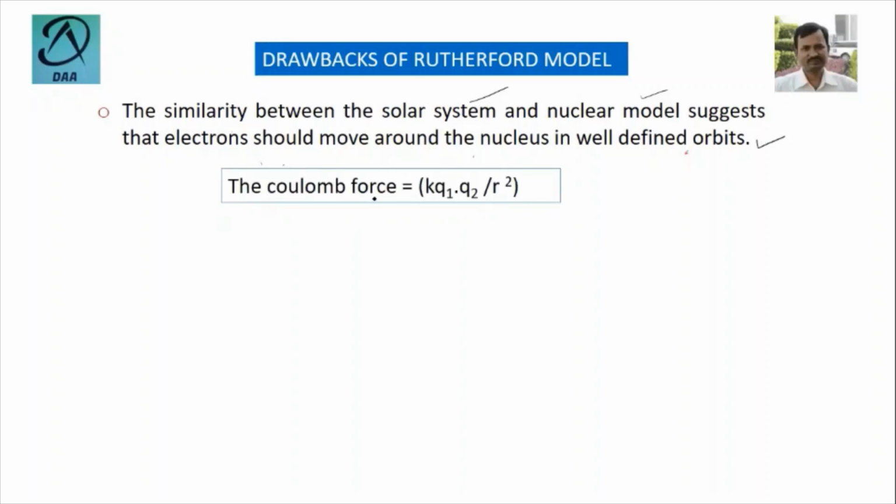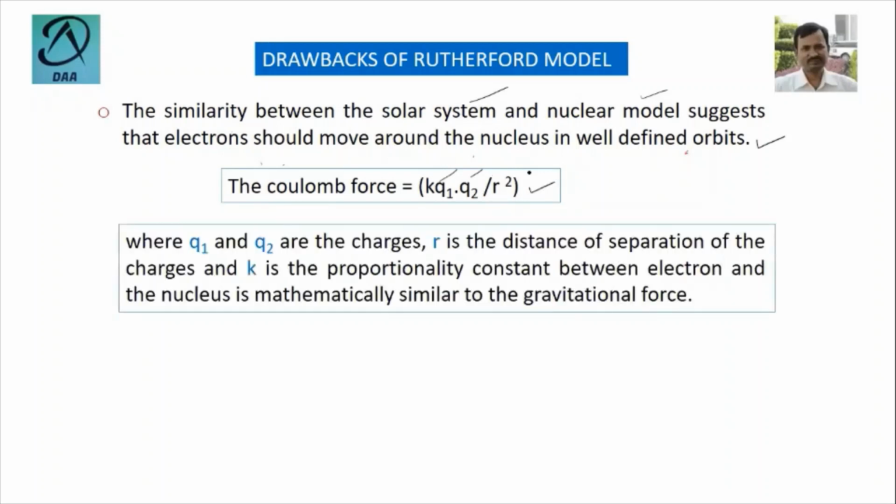The Coulomb force, which is denoted by the equation k Q1 Q2 divided by r square, where Q1 and Q2 are the charges, small r is the distance of separation between the charges, and small k is the proportionality constant, is mathematically similar to the gravitational force.